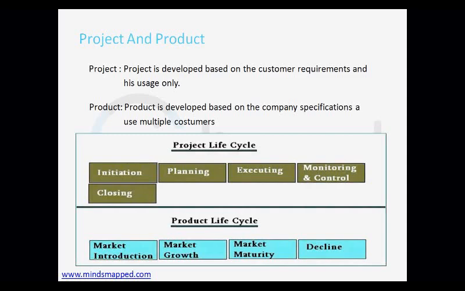So let me just give you an example of product life cycle. Let's talk about a vehicle, a 4-wheeler vehicle. Let's say Ford is coming up with one SUV model, right?